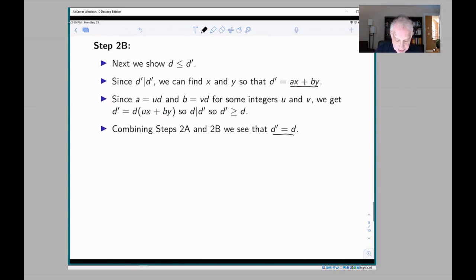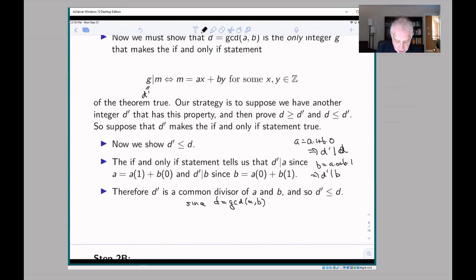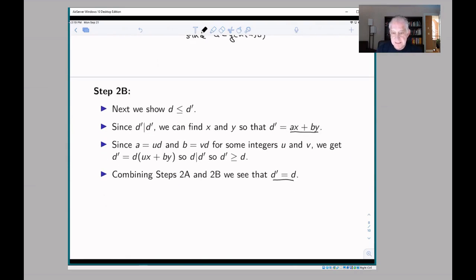To go the other direction, we have to show that D is less than or equal to D prime. And if we go back to our if and only if statement, now we let M be D prime. So we have D prime divides D prime, and that implies that D prime equals AX plus BY for some X and Y. So we use the if and only if in the other direction.